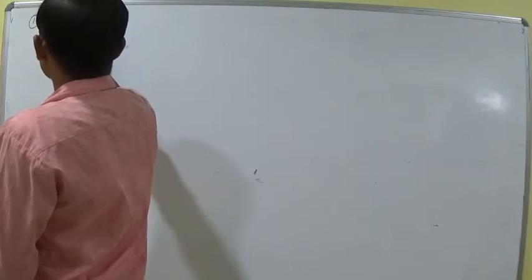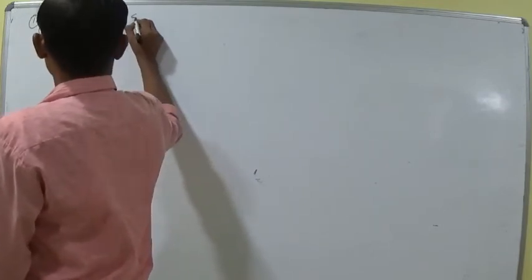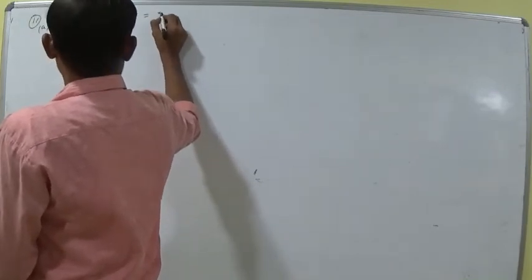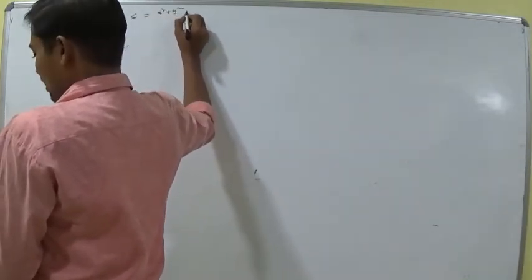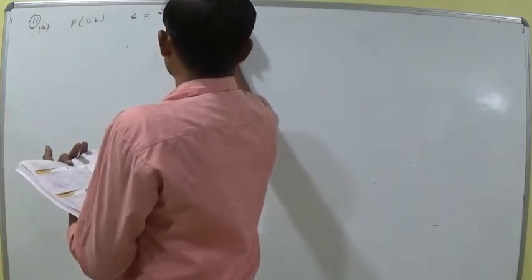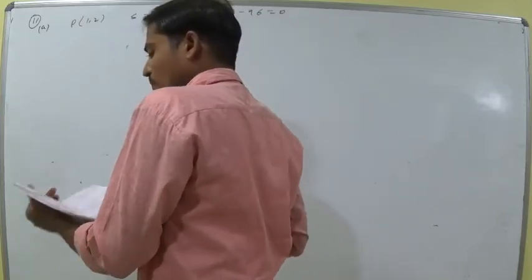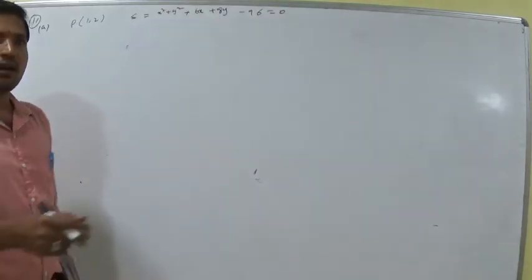Here P is (1, 2) and the circle is S equal to x square plus y square plus 6x plus 8y minus 96 equal to 0. Then S11, let us see.